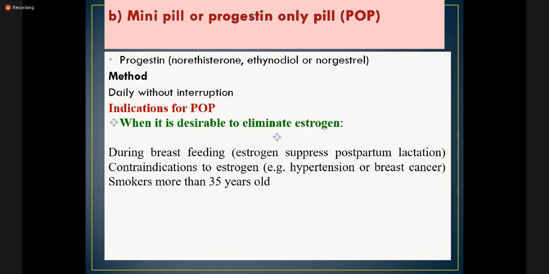Suppose a female is more than 35 years old, and as we have already discussed, continuous or high doses of estrogen or progesterone should be avoided.